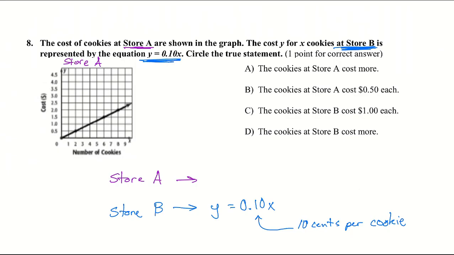Okay, that's what that 10 means. That's the slope. It's going to be the cost per cookie because it does say in the problem x is cookies. All right? So then we just need to find store A's and compare it.